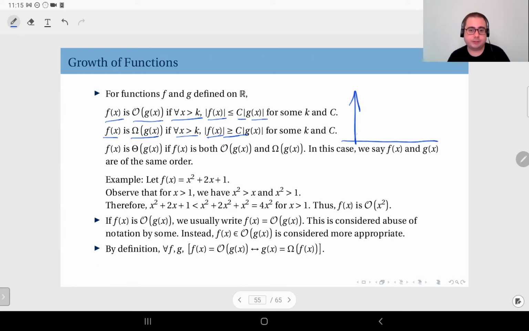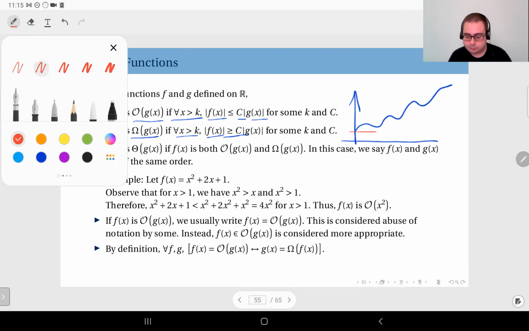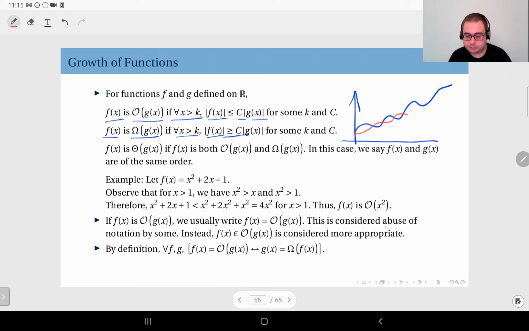Let's say you have two functions f and g. Initially, occasionally one of them is larger, occasionally the other is larger.